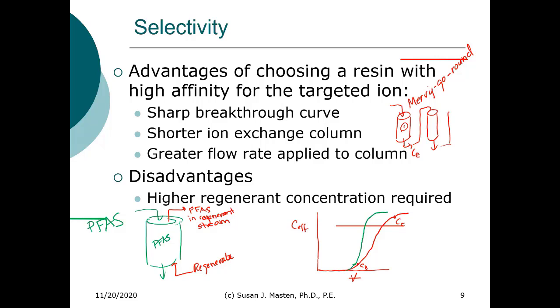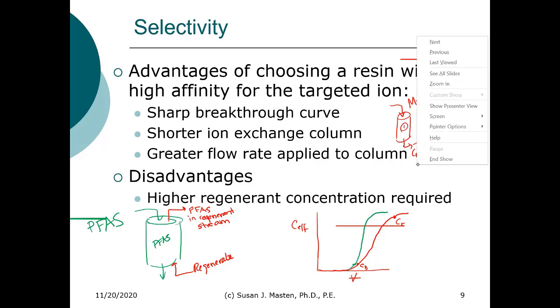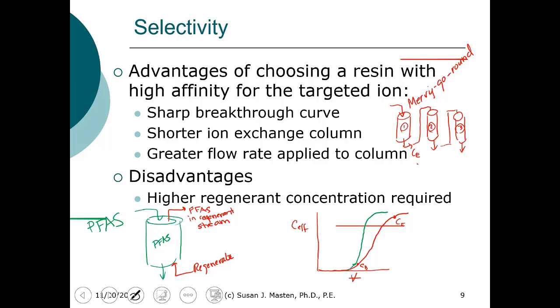And we can have a third column here. So this is 2, and this is 3. So hopefully by the time we get through 3, we essentially have captured the radionuclides. When this reaches exhaustion, what we then want to do is take this offline.